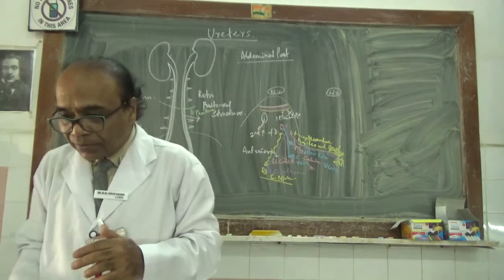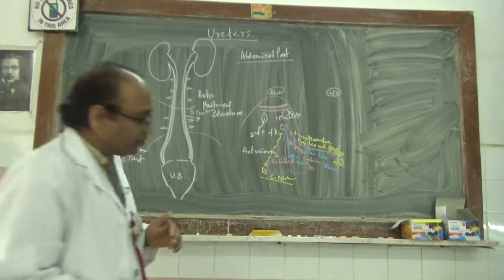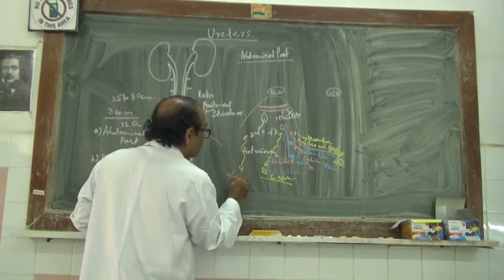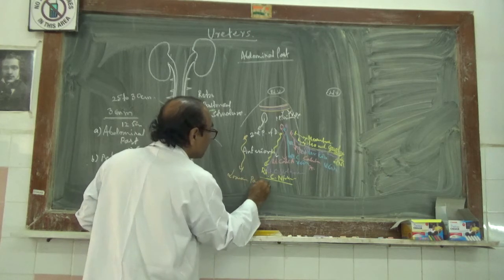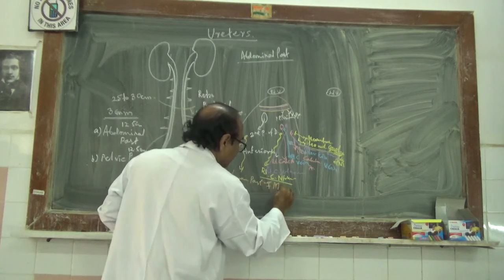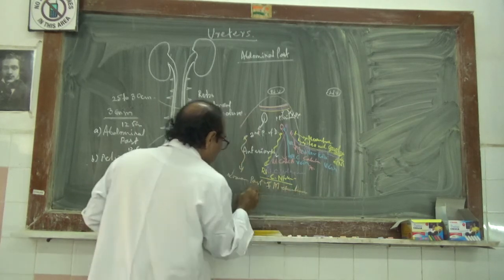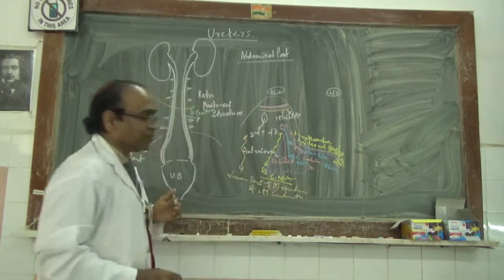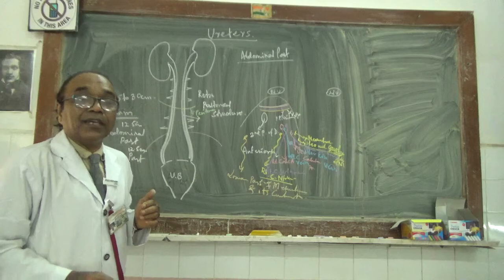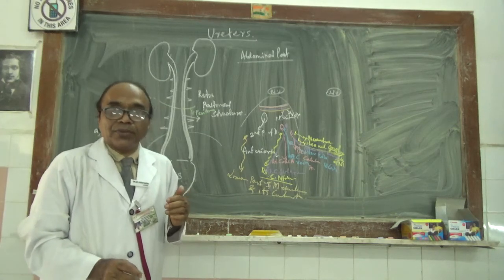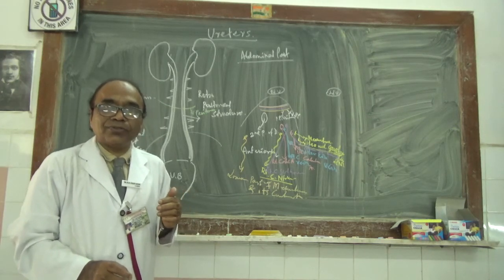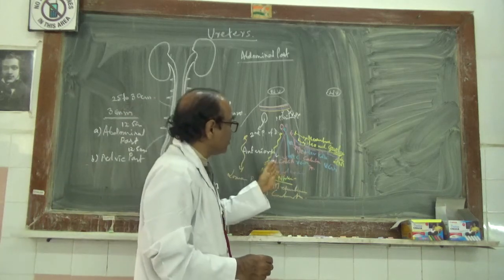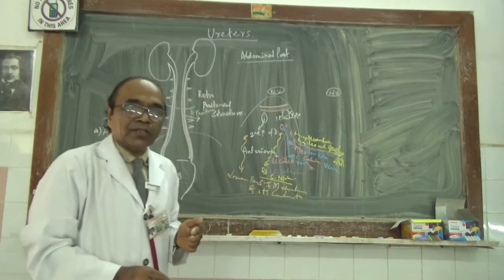Apart from this, it is related to the lower part of the mesentery and its content, that is fat, areolar tissues, sympathetic nerve filaments which are present in the mesentery, and the branches of the right colic and the ileocolic.